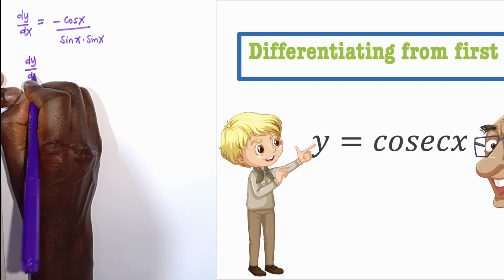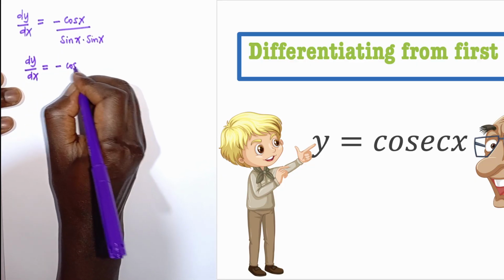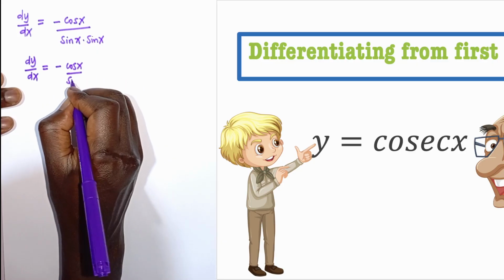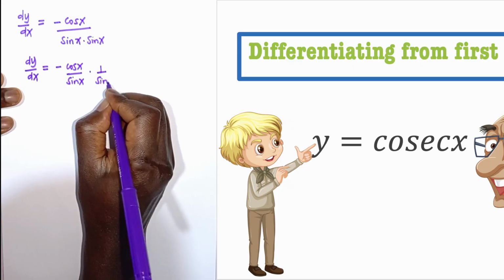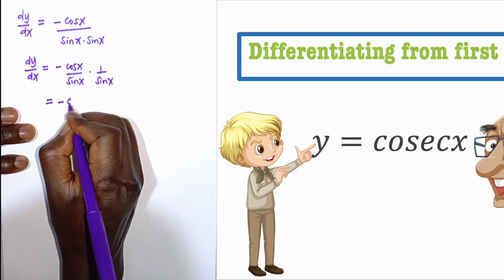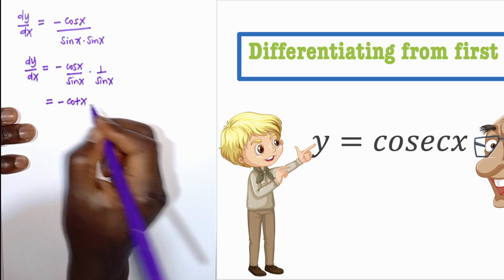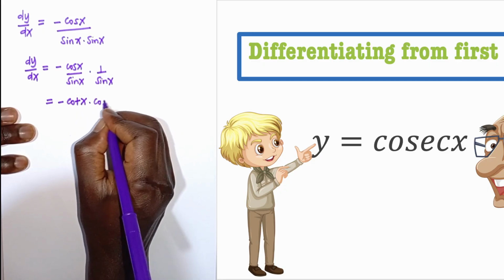So dy by dx is equal to negative cos x out of sine x times 1 out of sine x, which eventually becomes negative cot of x times cosec of x.